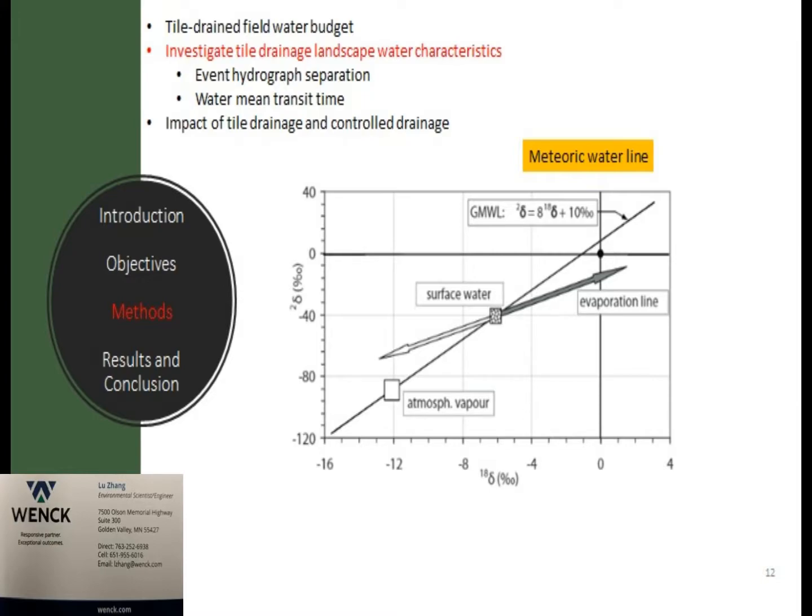On the evaporation line, that darker one, the further along you are on that line, the more evaporation the residual water is experiencing. The lighter one goes in the opposite direction from the evaporation line, and that is your water vapor concentrations.